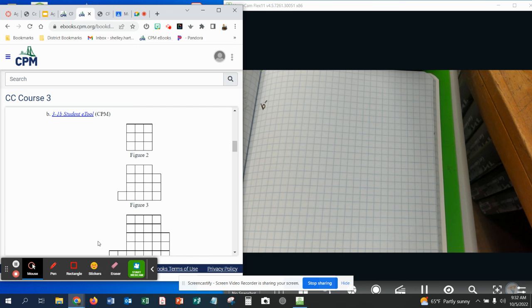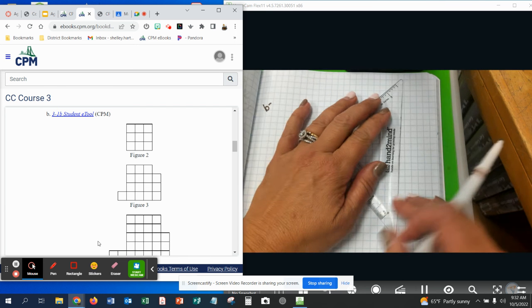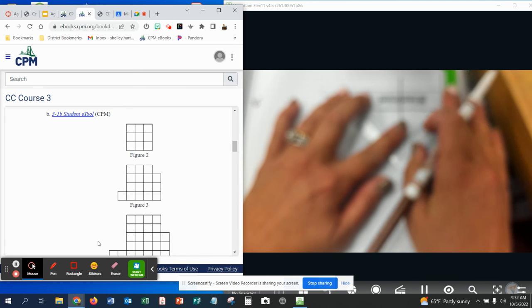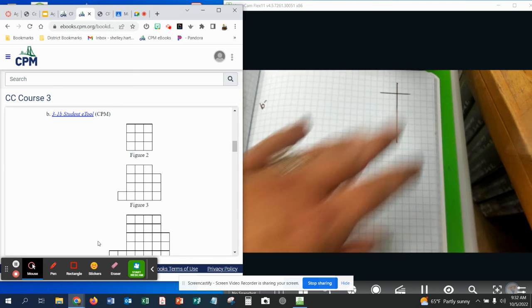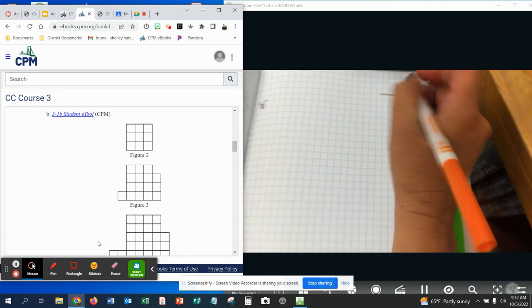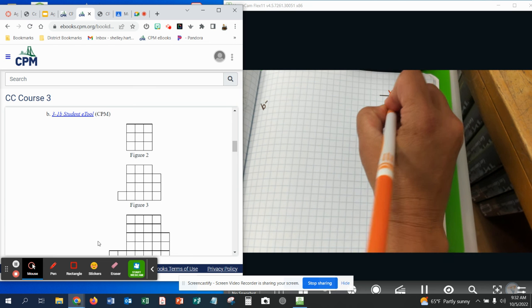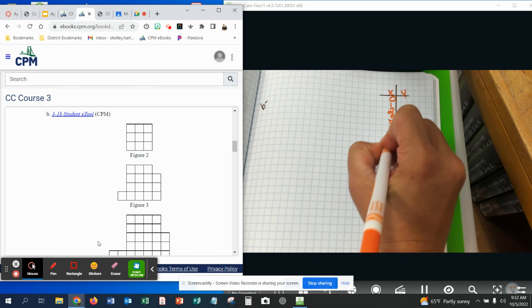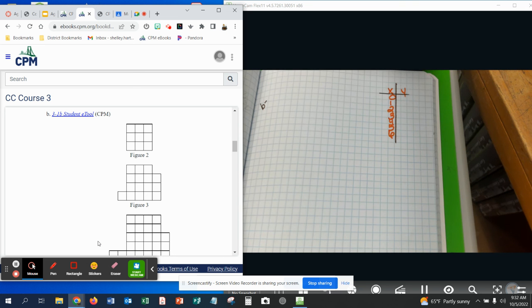Set up an x and y table. Either way, Jonathan. You got it. In doing that, we need to have the x, y, 0, 1, 2, 3, 4, 5. I'm going to just put 6 for good measure.